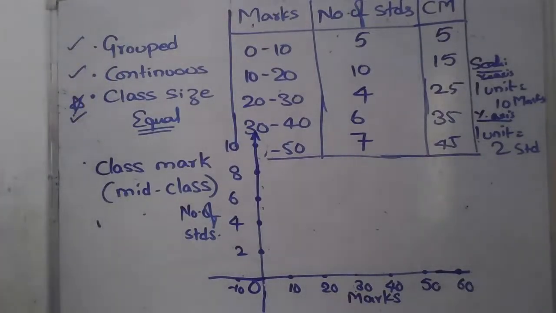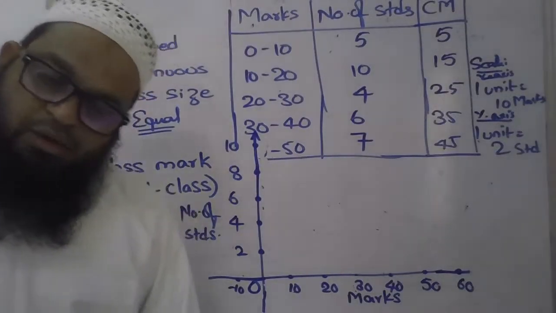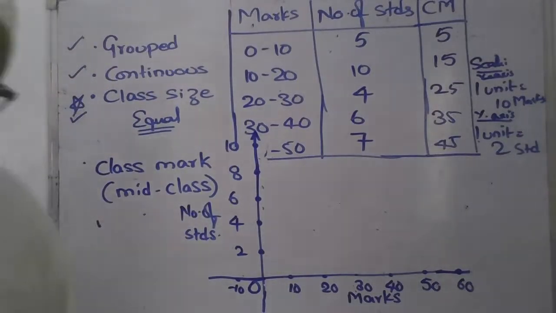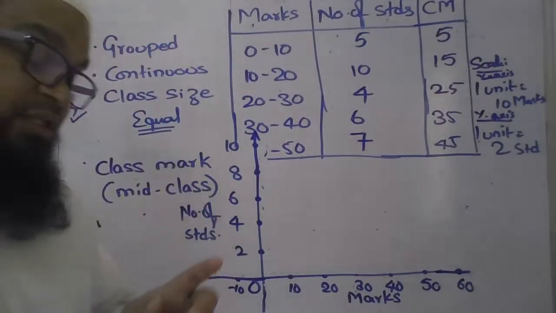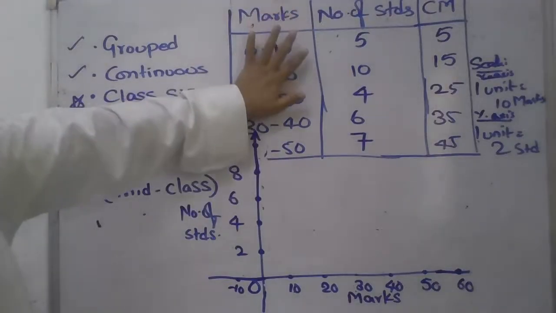Okay, good. Now everybody listen. This is the most important part of the frequency polygon. Wait, beta. Adil, good boy. Listen everybody. In order to draw a frequency polygon, we will not use classes.